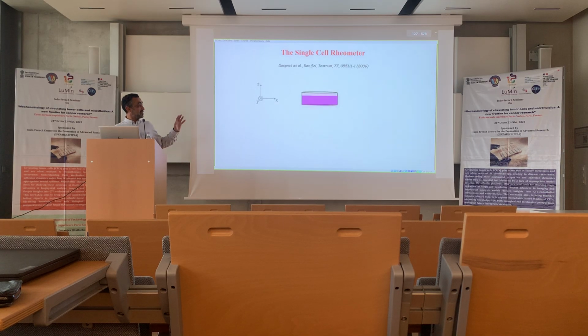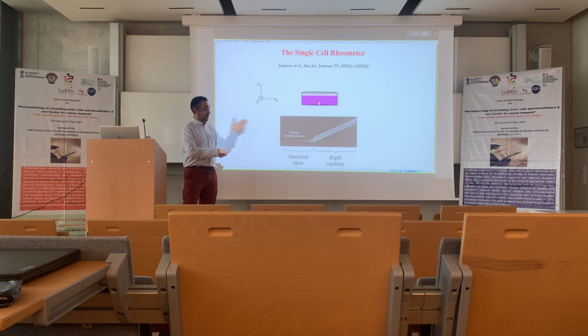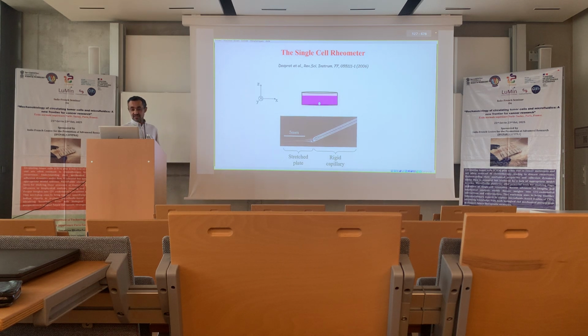Everything is in a dish at 37 degrees, and at some point you get the cells. You also have all these micromanipulators. I won't go into detail, but this is a flat cantilever.